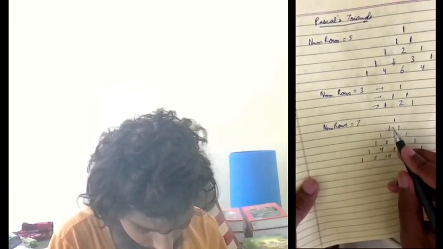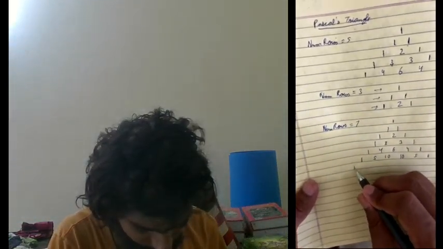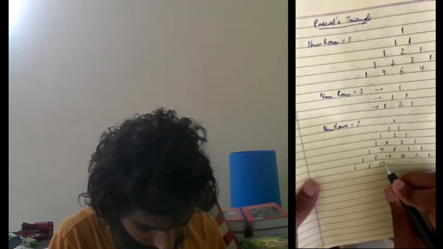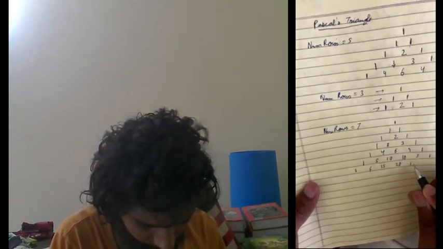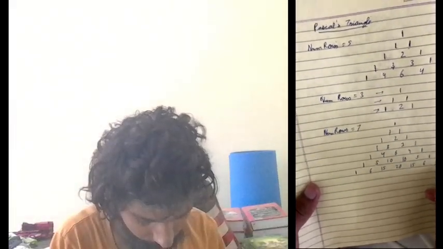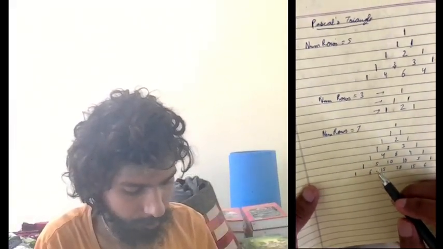Finally, 1 6 15 20 15 6 and 1. So this will be our Pascal triangle for numRows equal to 7.